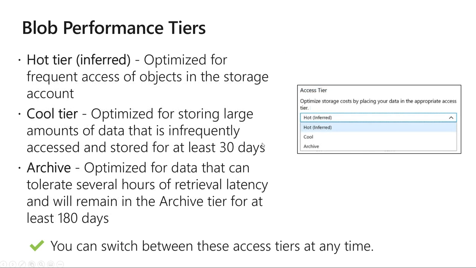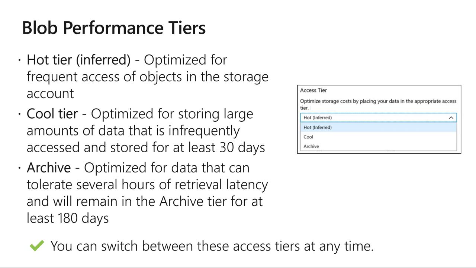Also the access tier. We talk about hot, cool, but also another one called archive. The hot tier is optimized for frequent access of objects in the storage account. The hot tier has the lowest access costs, while the storage costs are somewhat higher.